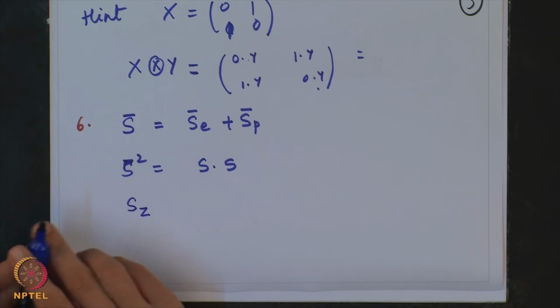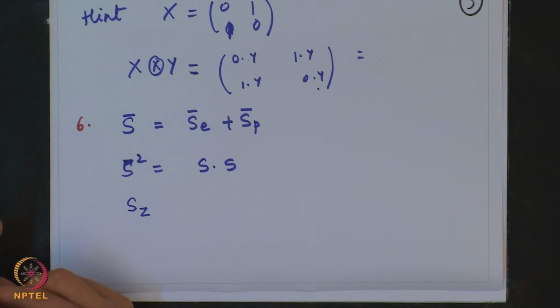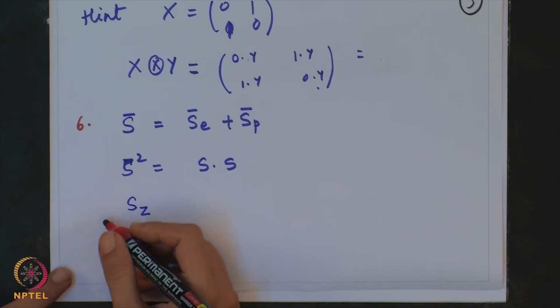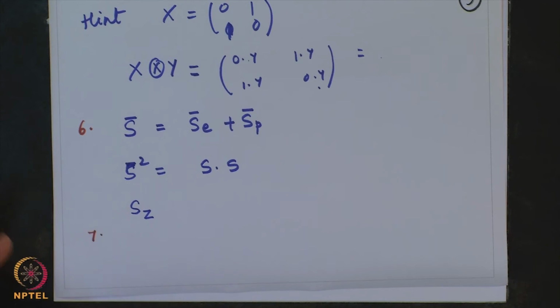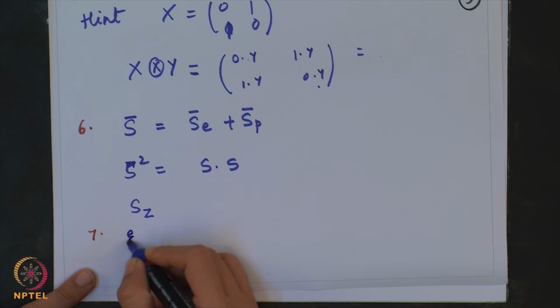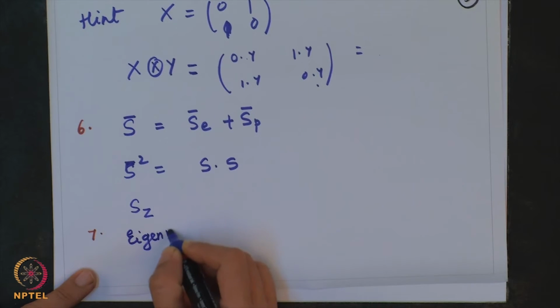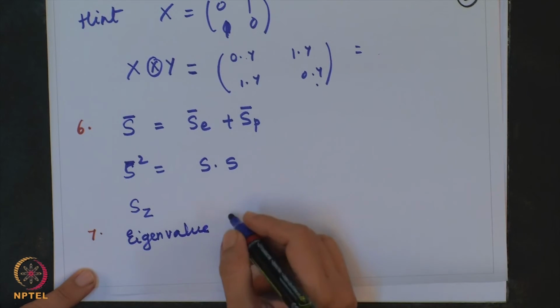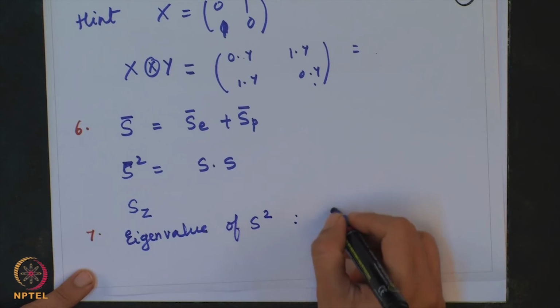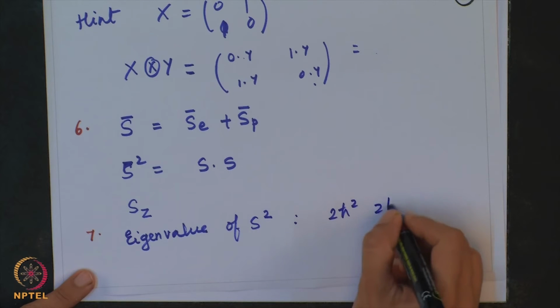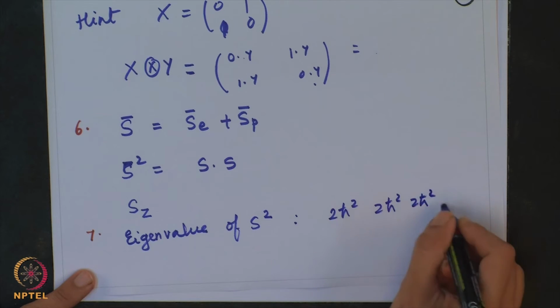Okay. In terms of the eigenvectors, you have to evaluate the eigenvalues and the eigenvectors. So, I will give you here the eigenvalue of S square: 2ħ squared, 2ħ squared, 2ħ squared and 0.